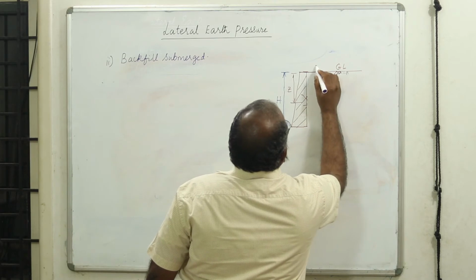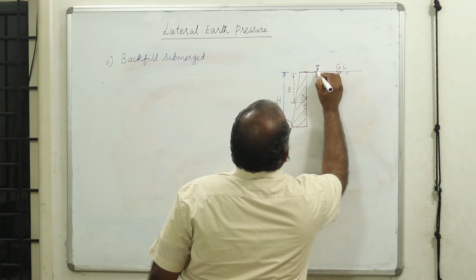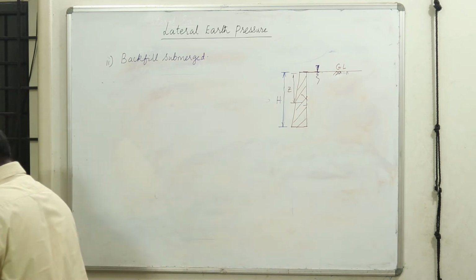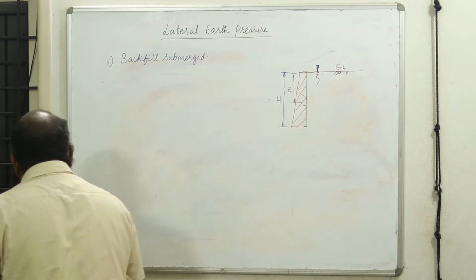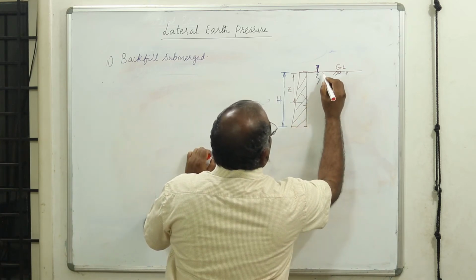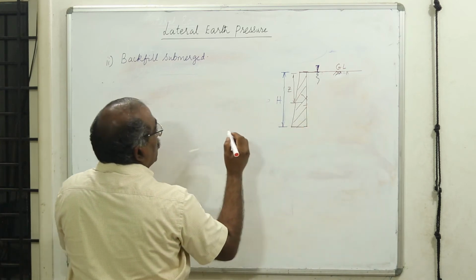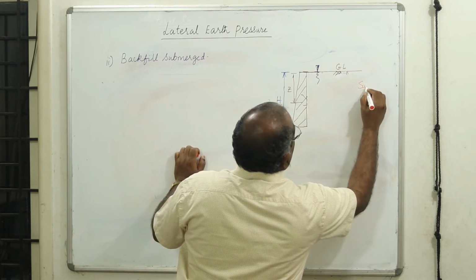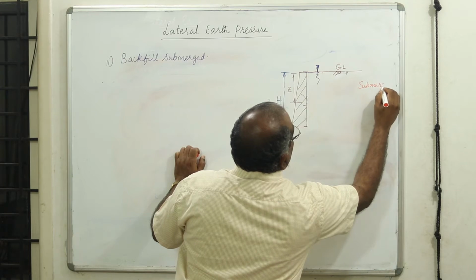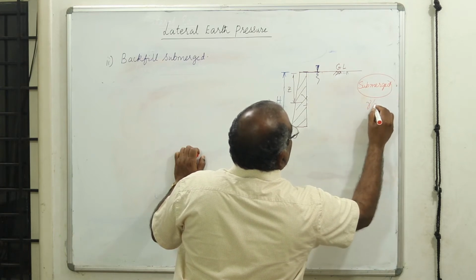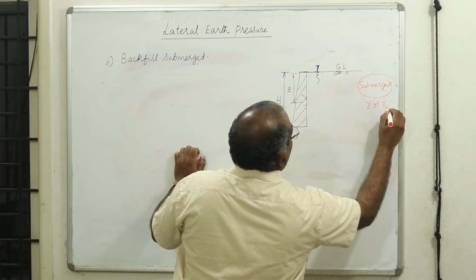Let us say I got a water table like this. Now what happens to the pressure distribution diagram? Without the same concept, we'll have pressure because of the soil, which is submerged here, soil is in submerged condition. Therefore, we need to take submerged density or gamma sub.